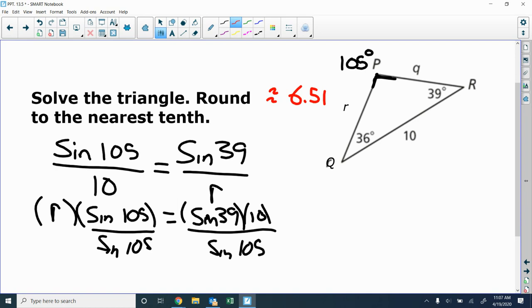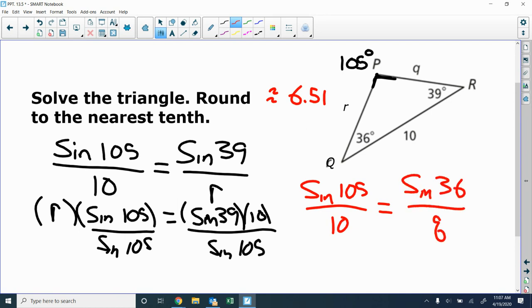We're going to do that last side now. We're going to use the same one, so I'm going to go sine of 105 over 10 again. And this time we're trying to find Q up here. So we're going to have the sine of 36 over side Q. So again, cross multiply. Your calculation is going to be sine of 36, times 10.